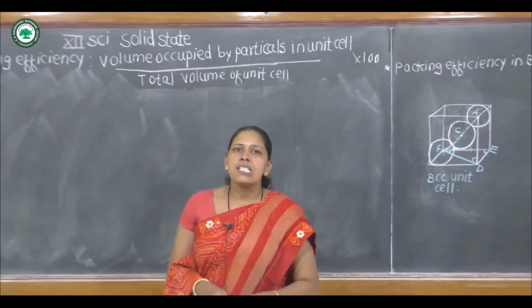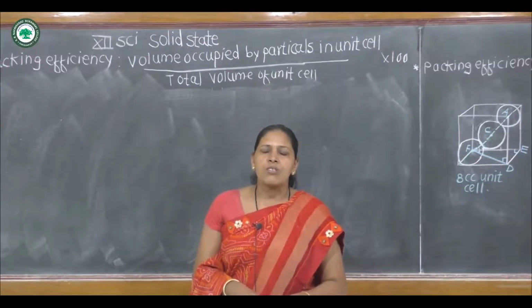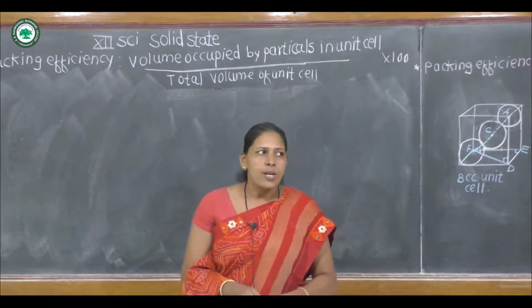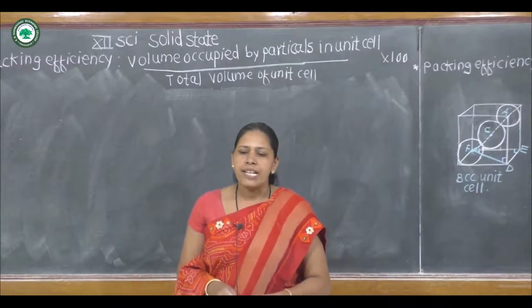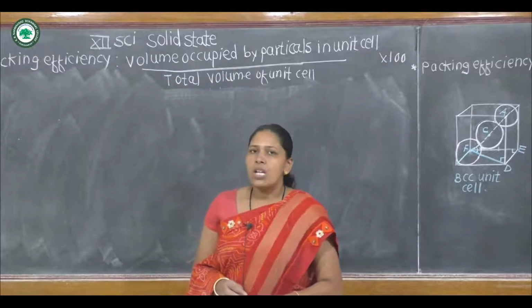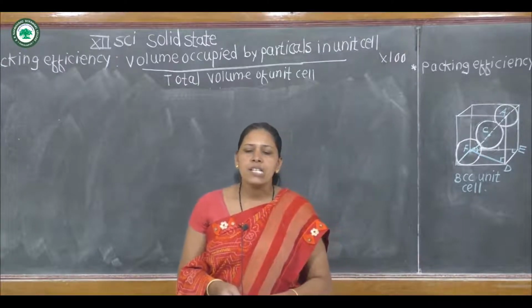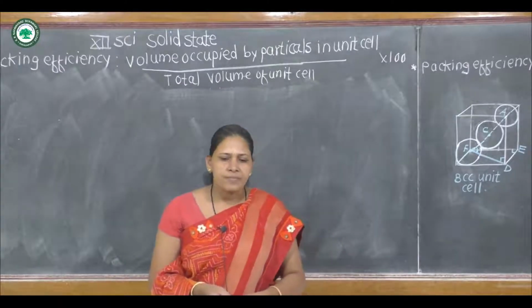One-eighth of a particle is present at each of the 8 corners of the cube, and one particle is present at the center of the cube. Therefore there are a total of 2 particles in the body centered cubic lattice.